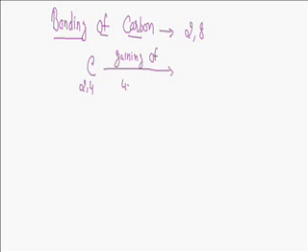Carbon can acquire stability by gaining 4 electrons, and by gaining electrons it will form a carbon anion. The symbol of the carbon anion will be C4 minus and the electronic configuration for this anion will be 2, 8.